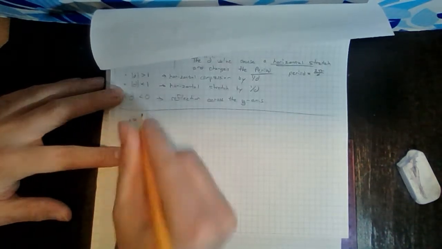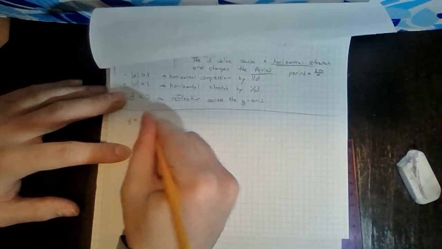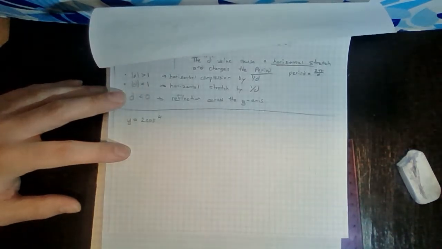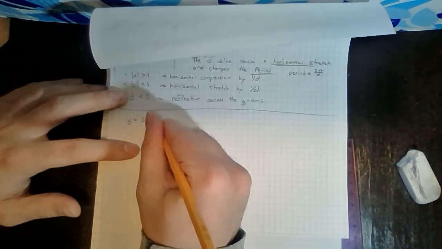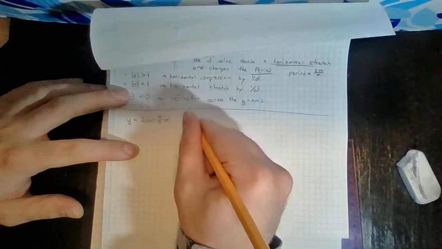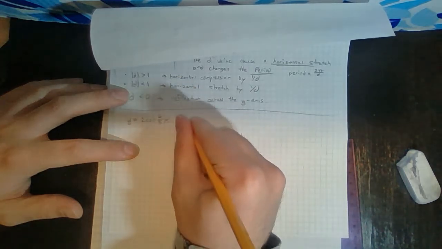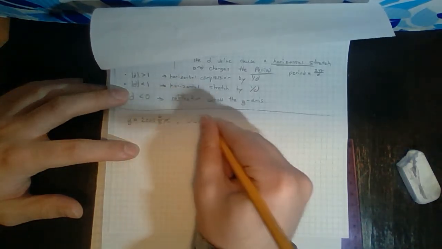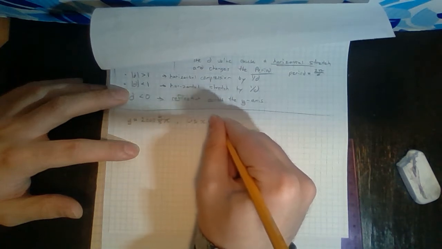And so we'll start off with y equals 2 cos of 4 over 5 x, where we're in between 0 and 2 pi for x.